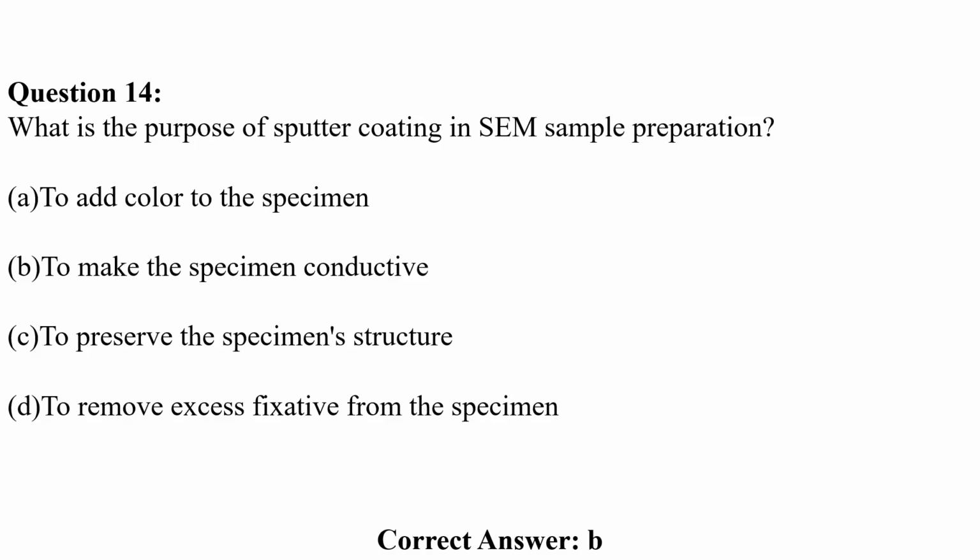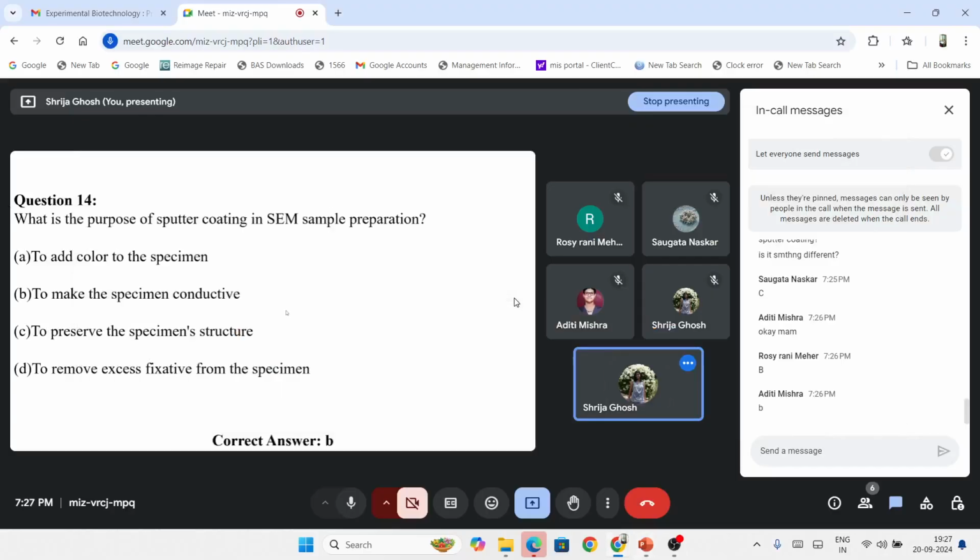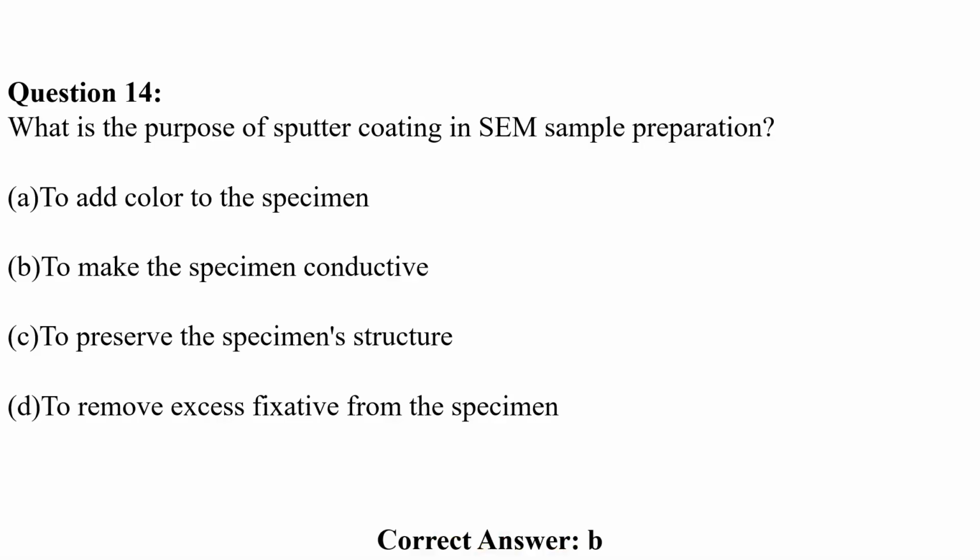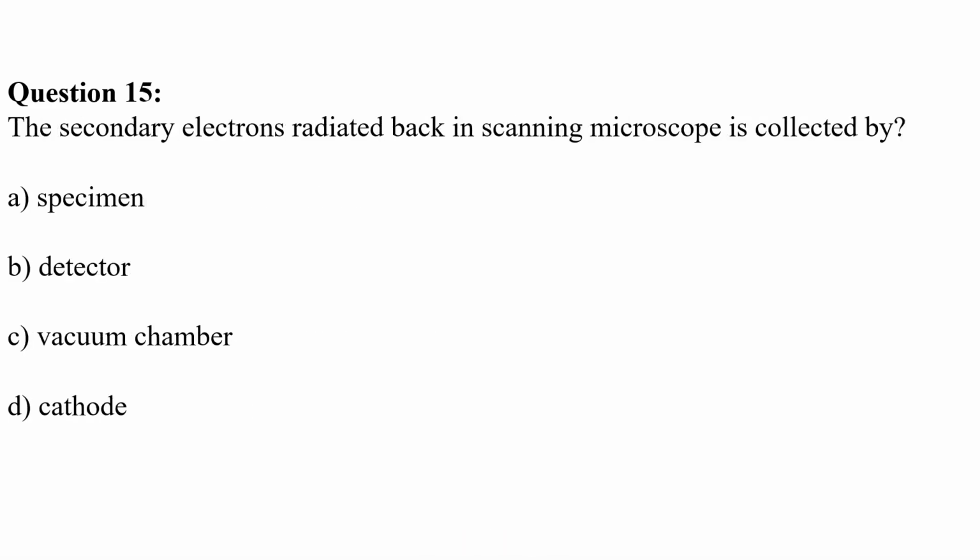I'll explain in a minute why the sample should be conductive for SEM imaging. But for now, just remember that gold coating is done in the instrument called a sputter coater. So sputter coating is done to make the specimens conductive. Okay, I'll explain in a minute why we are doing this.